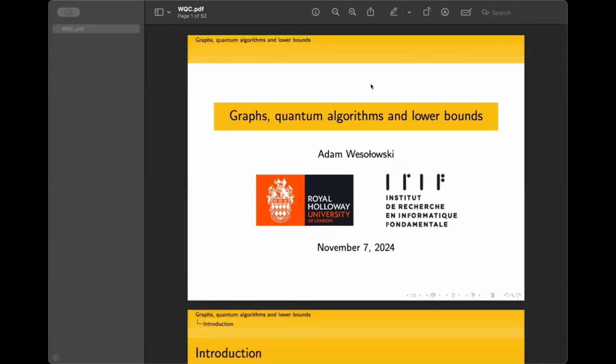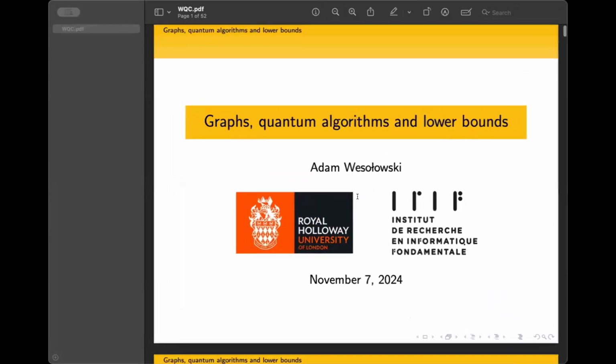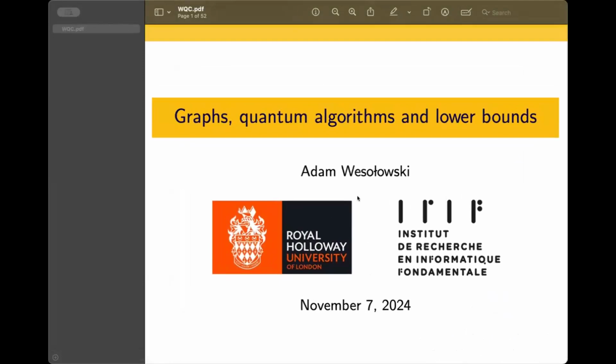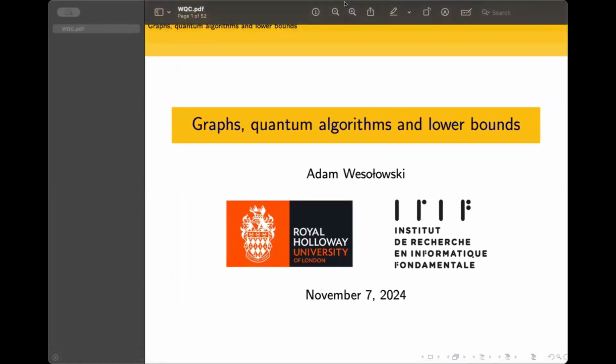Maybe in the top left corner there is an option to present differently. Next to the name of the file, WQC PDF, to the right, there is maybe an option to show another view.